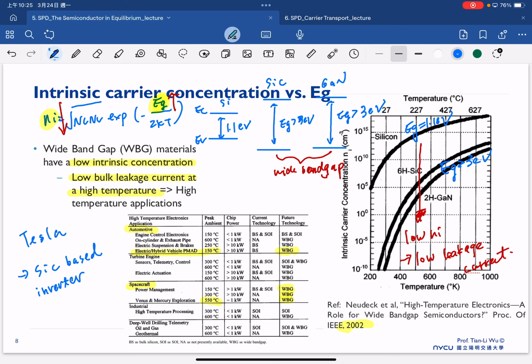But nowadays, we not only consider automotive as the high temperature electronics.